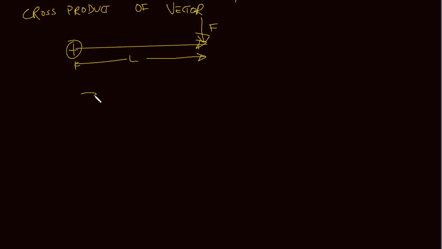So the torque, which is a vector, is a cross product between the force and the arm, the length of the arm. I have just drawn the magnitude, but this tells you the direction. If I were to plot this on an XY axis, this is what it will look like.